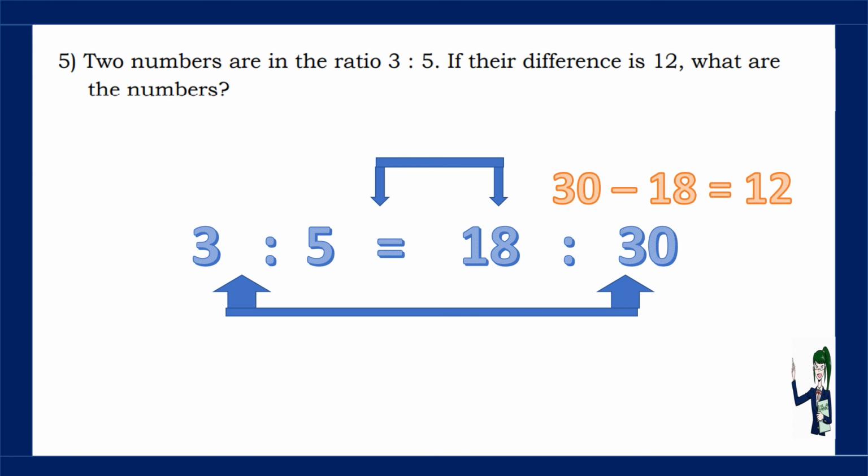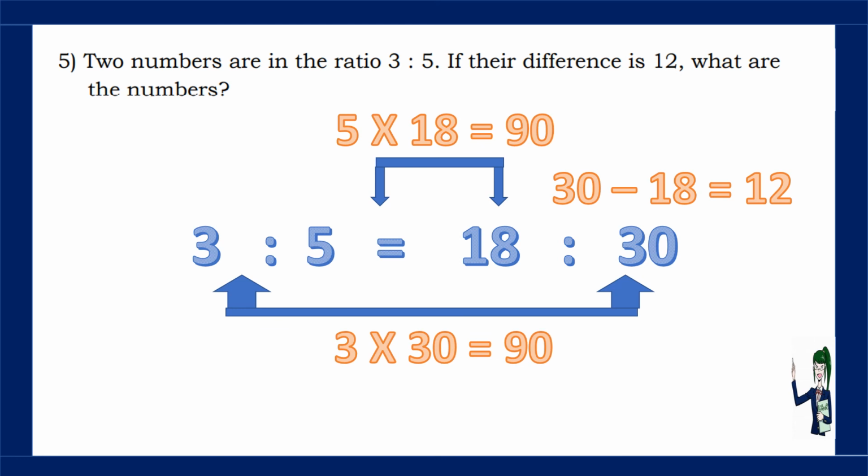So we got the difference, which is 12. Then 3 to 5. So every 3 to 5, we know that 6 times 3 equals 18 and 6 times 5 equals 30. Or we can multiply the means if they're equal. 5 times 18 equals 90 and 3 times 30 equals 90. So they are equal.